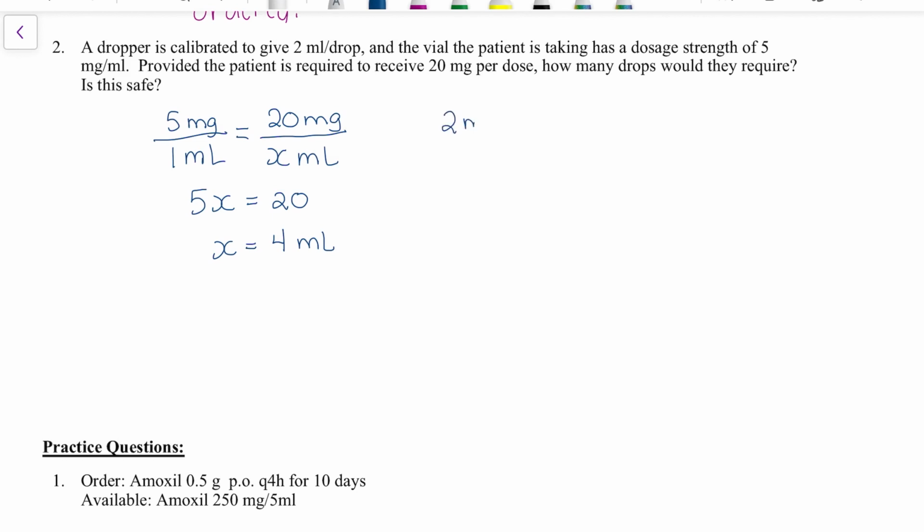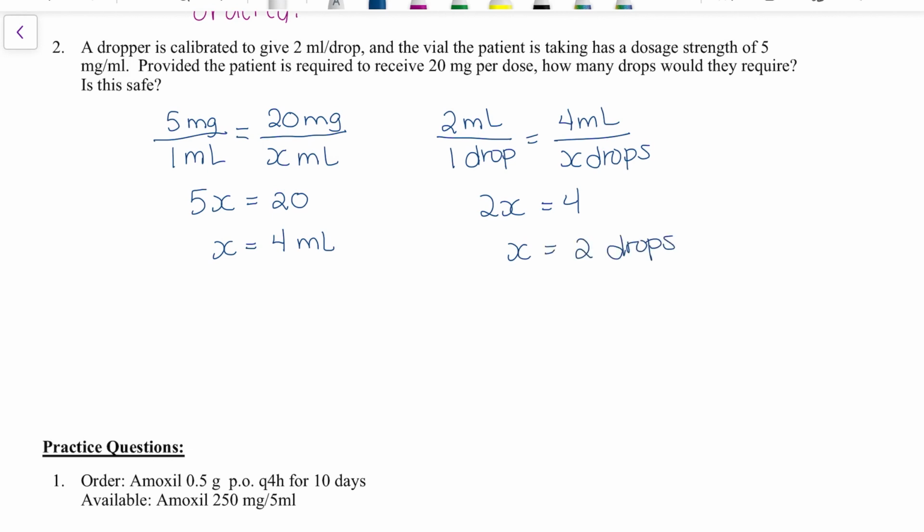So 2 milliliters is 1 drop. 4 milliliters is how many drops? 2x equals 4, so x equals 2 drops. And again, that is going to be safe because it's giving exactly what the doctor ordered.